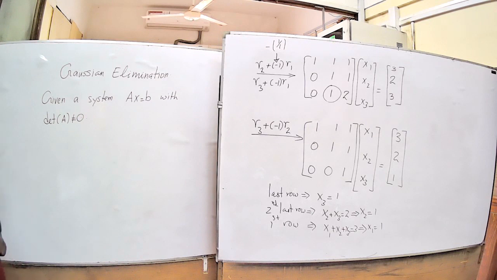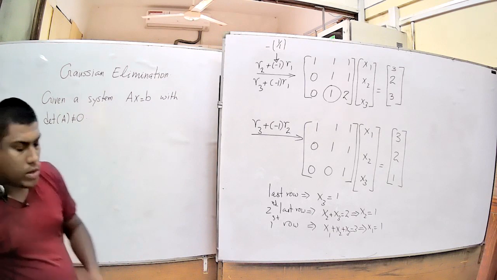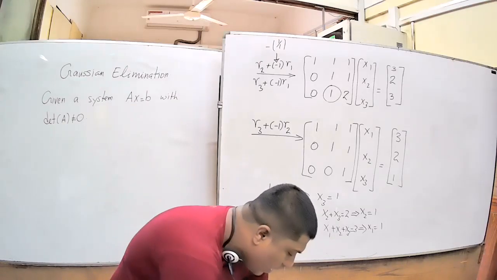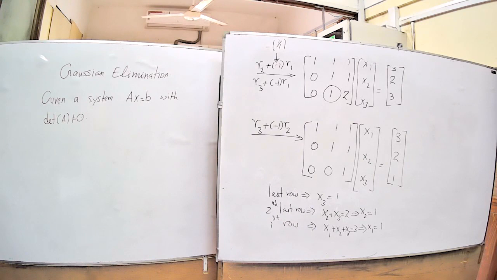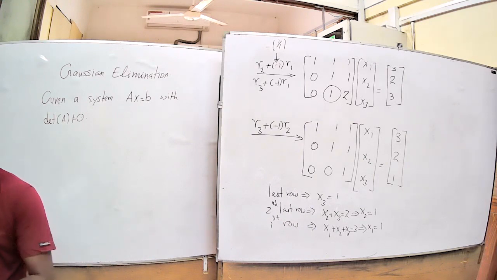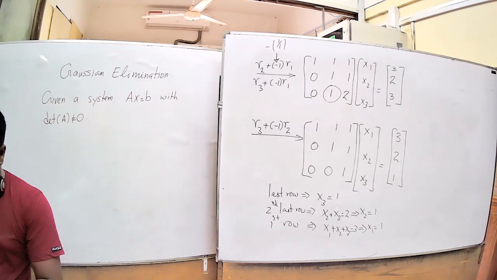Okay, so consider a system Ax equal to B, where the determinant of A is non-zero. That means you have a matrix whose inverse exists, so then only we can solve this problem.